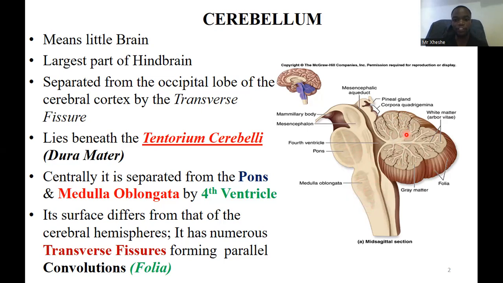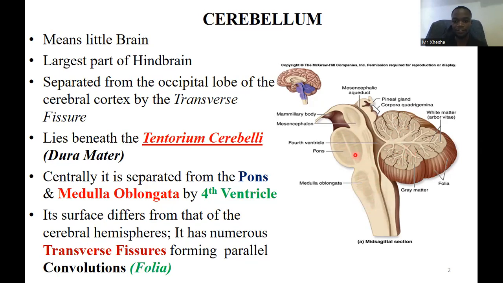Of course, it has connections by axons, which we call peduncles. So connections of the cerebellum to the rest of the brain, we call them peduncles. So we have inferior peduncles, middle peduncles, and superior peduncles. Inferior peduncles connect the cerebellum to parts of the medulla oblongata.